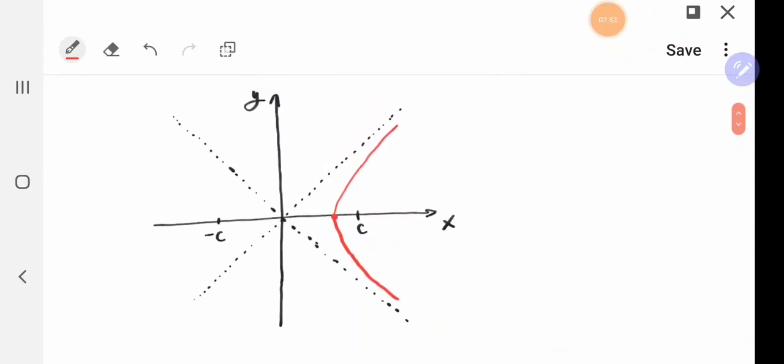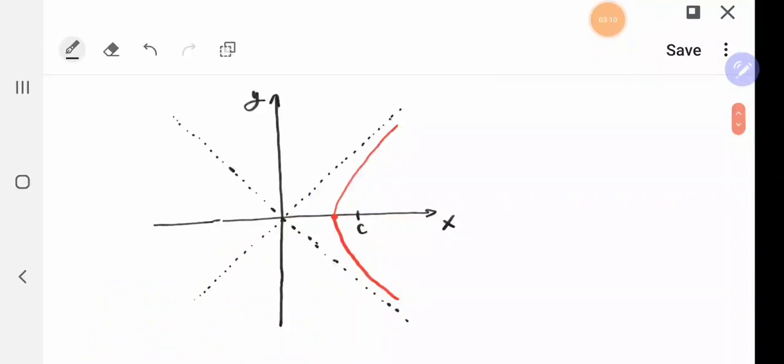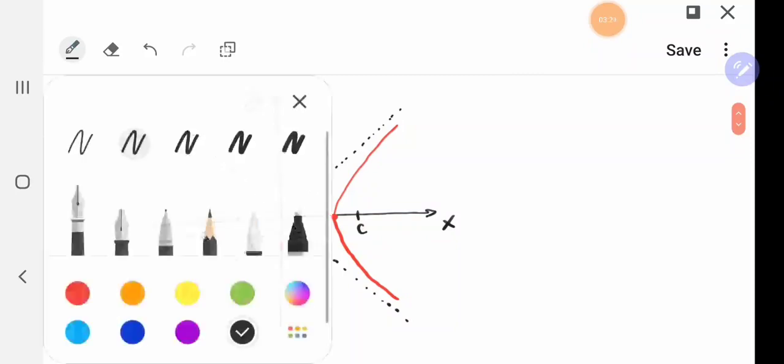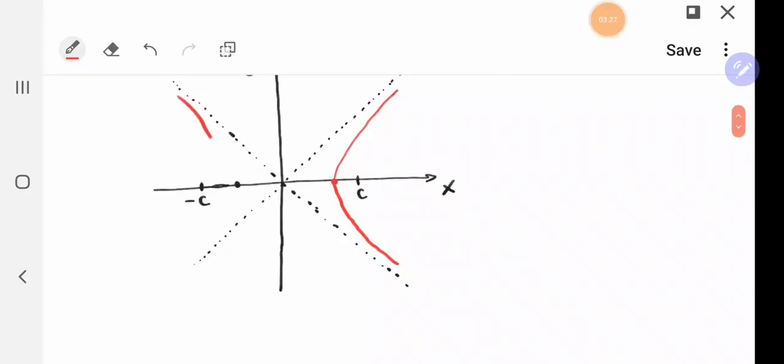Okay, let's say this is A. So we have another vertex. Actually, we must have the same distance, so this is not right. So C is a little bit around here. This is negative C, and this is A, another vertex. Then the graph approaches the asymptote, even the bottom approaches the asymptote.